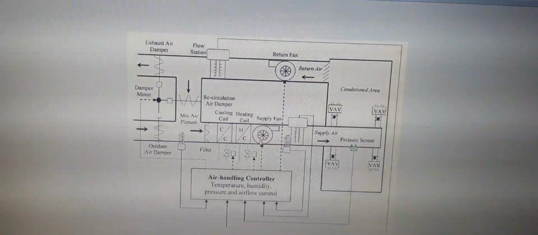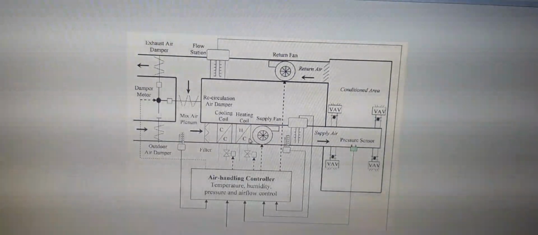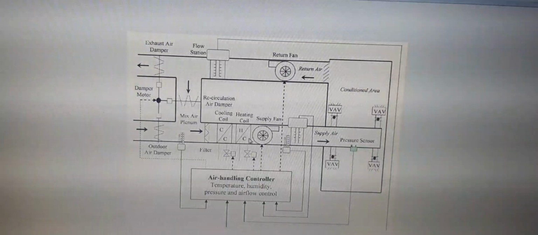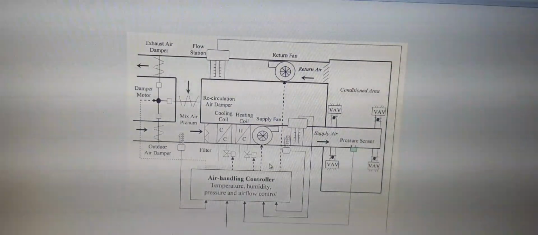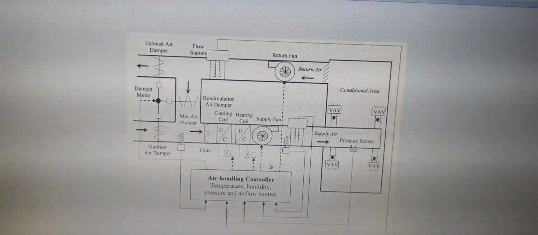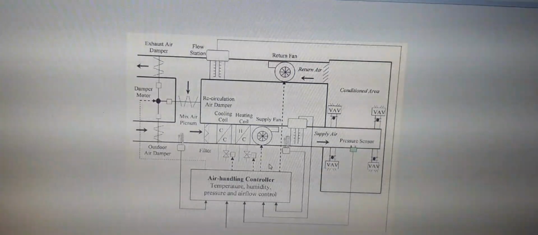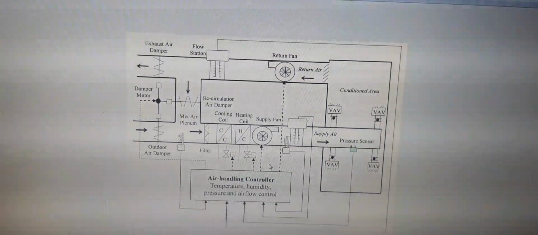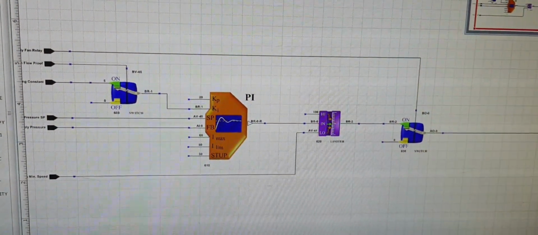We made sure that the fan was running, there were no alarms, the fan status was good, and there were no high duct pressure issues. Then the fan VFD gets enabled, starts, and ramps up to a certain frequency based on the duct pressure sensor. The sensor has a set point, and it will maintain that static pressure in the duct. Okay, so back to the program.